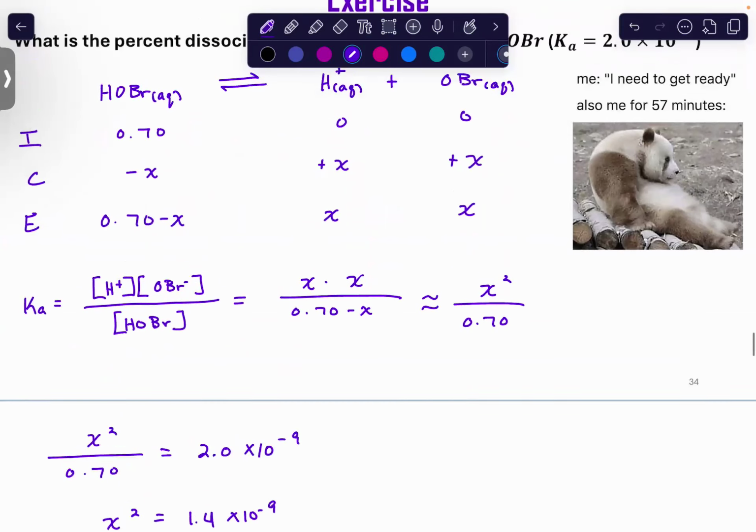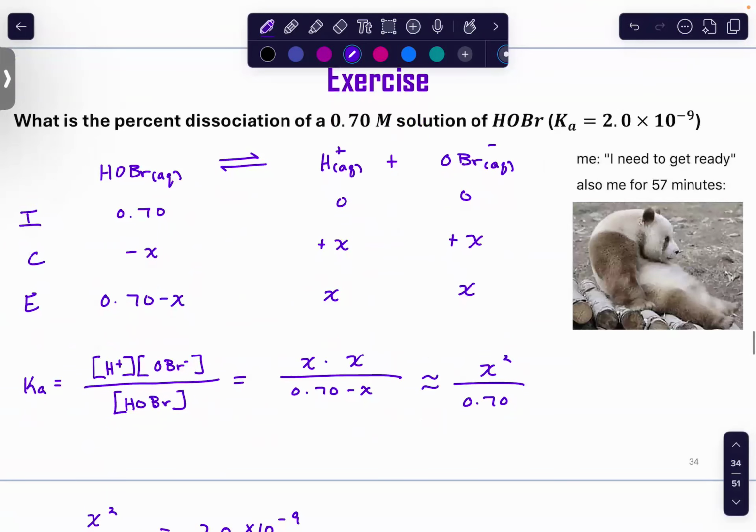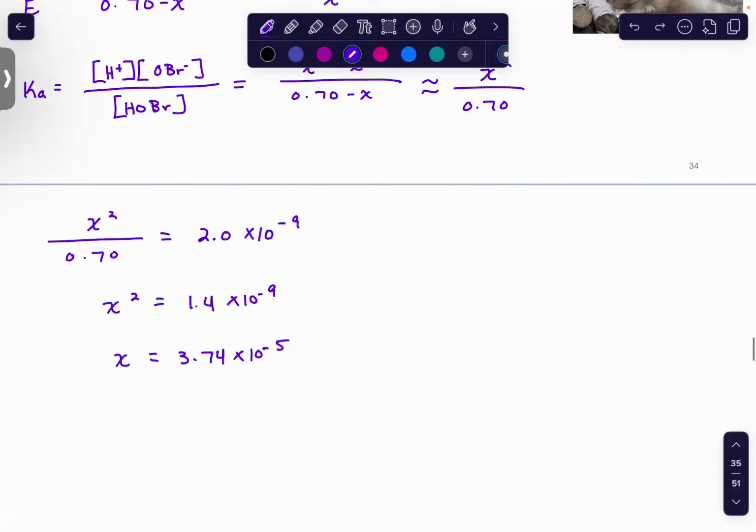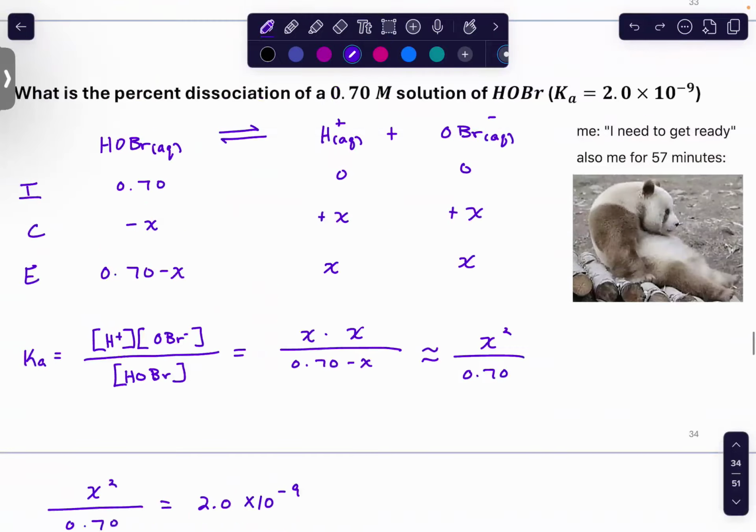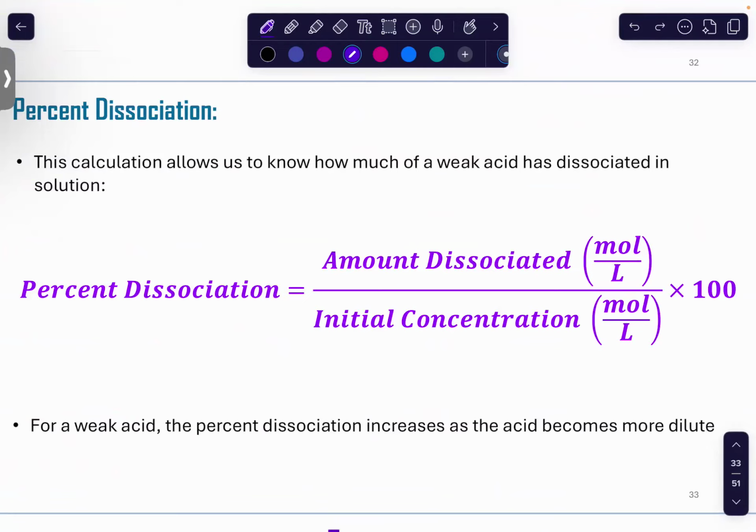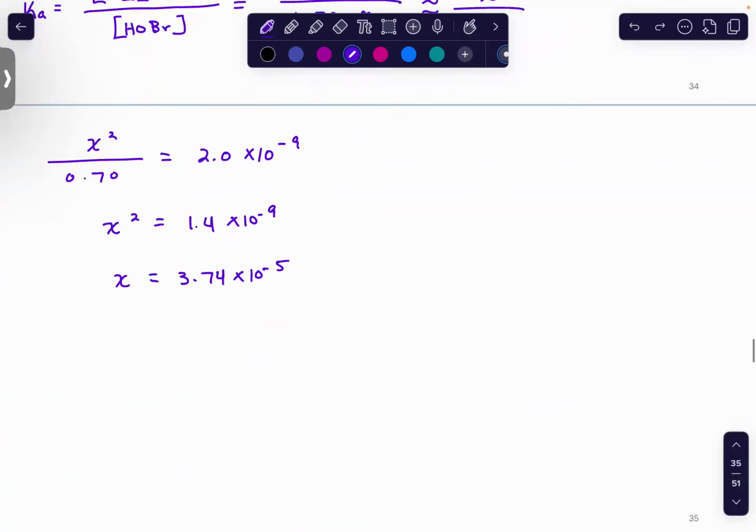Compare this to the ice table. Nope, this wasn't, we need pH, we'll do that, but we're looking for percent dissociation. So let's remind ourselves of what that is. Amount dissociated over initial concentration.